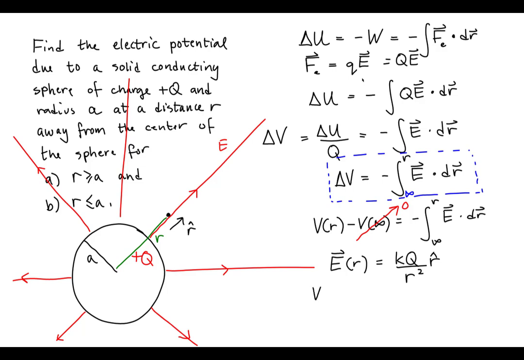This means that the electric potential is equal to minus the line integral from infinity to r of kq over r squared, r hat dotted with dr vector.